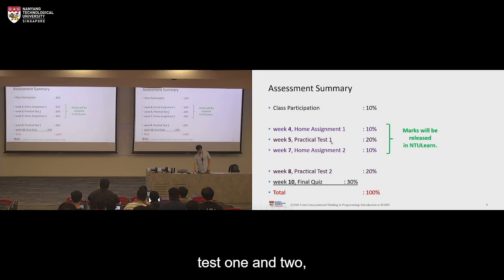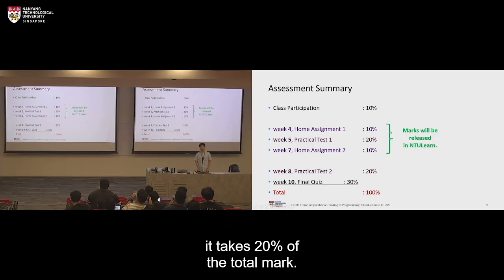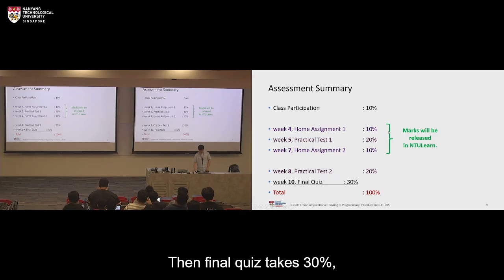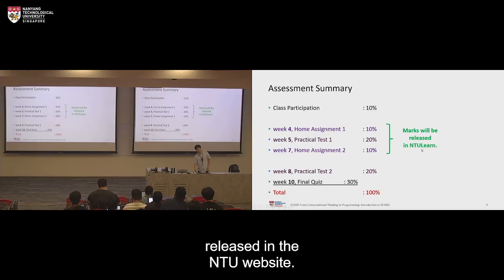Then you will take practical tests 1 and 2, which take 20%. And the final quiz takes 30%, which is very important, right? Notice that the marks of the first 3 components will be released on the NTULearn website.